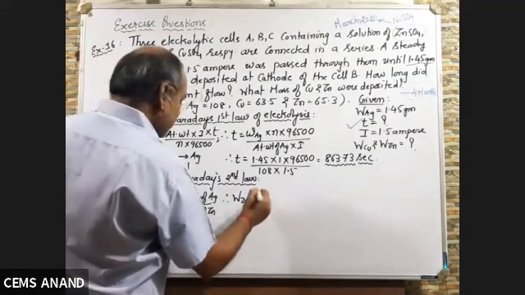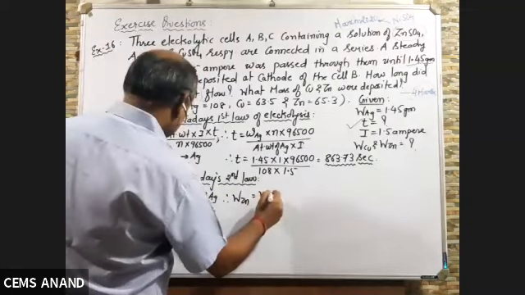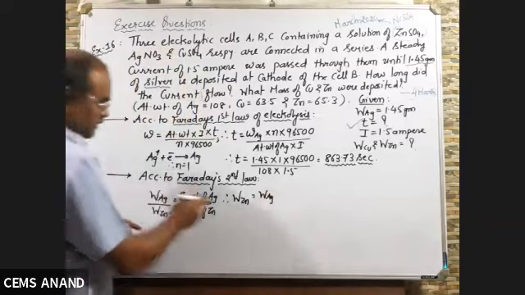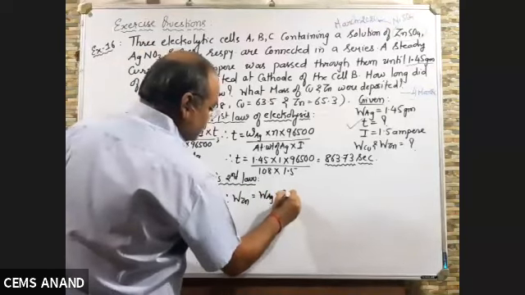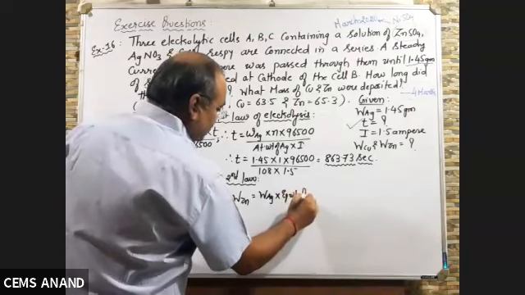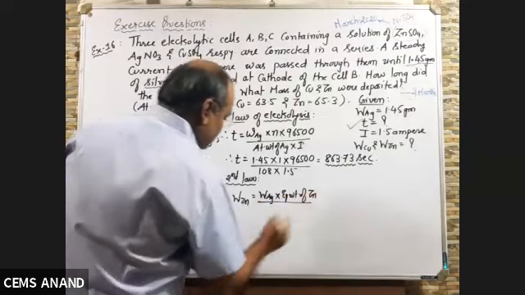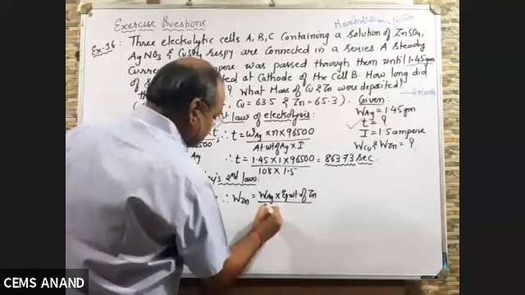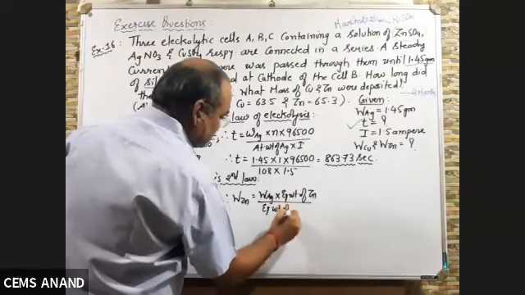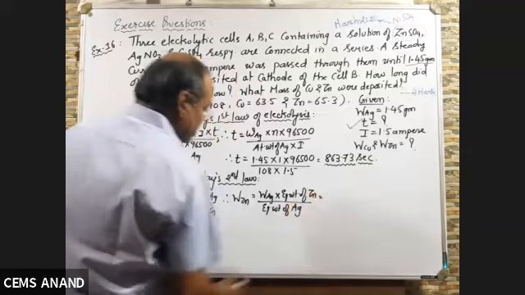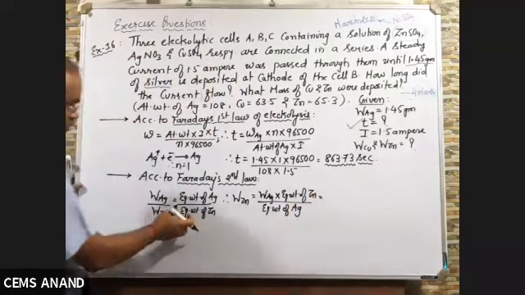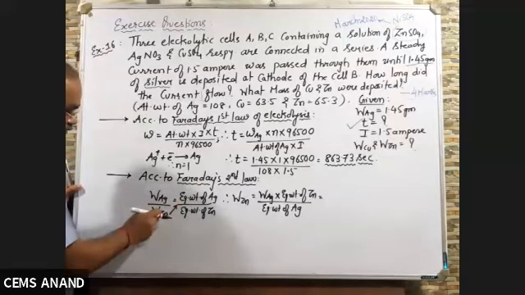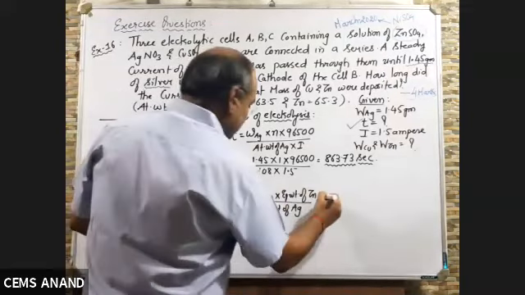Weight of zinc will be equal to weight of Ag into equivalent weight of zinc divided by equivalent weight of silver. So now you can put here.